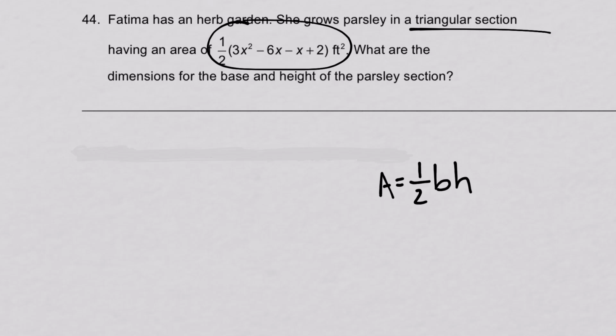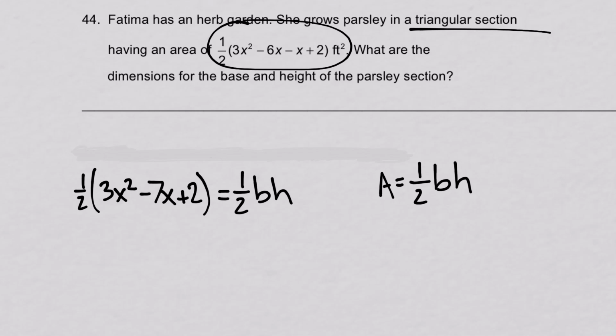I have 1/2 times 3x squared minus 6x minus x is minus 7x, right, plus 2. That's the area of the triangle of her garden. And I'm going to make that equal to the formula, 1/2 base times height. And that will allow me to figure out what the base and the height is.